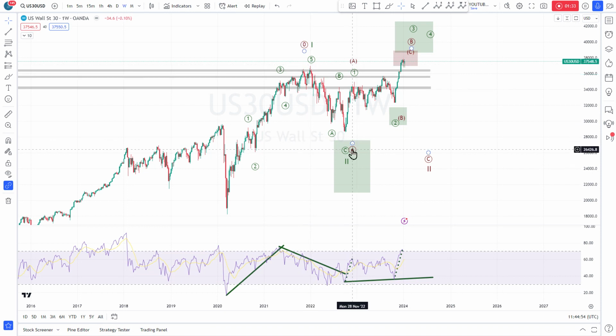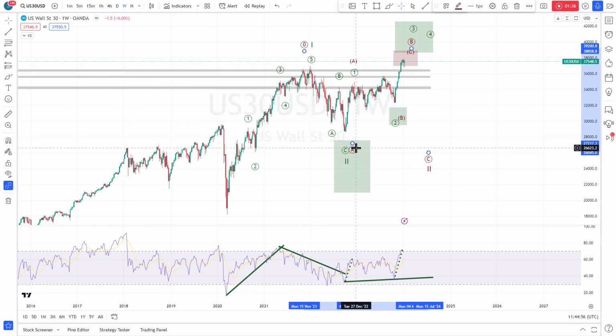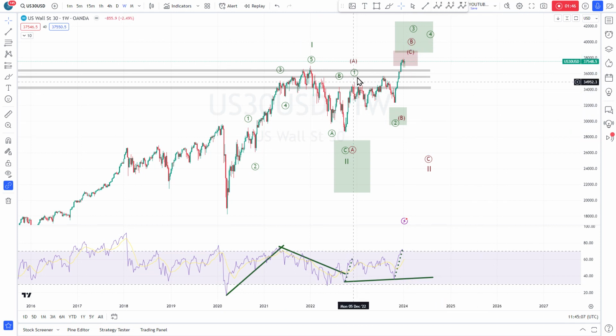So here in red, we have our wave A down in 3, 1, 2, 3. Then this structure right here is an overshooting wave B. And so this could go as an A, B, C structure with a running flat as a wave B.